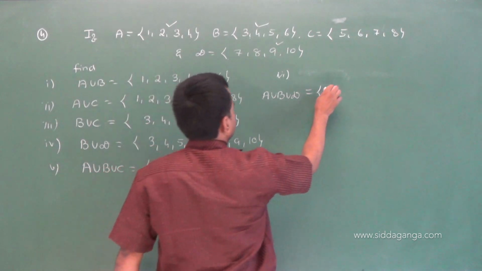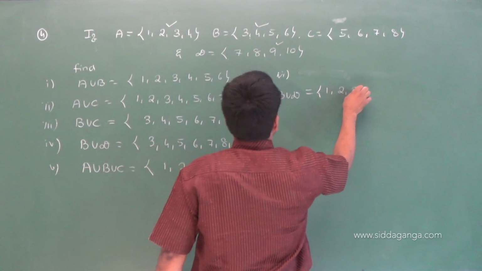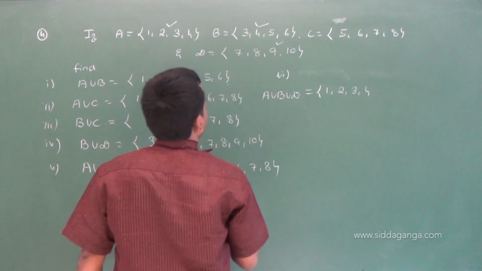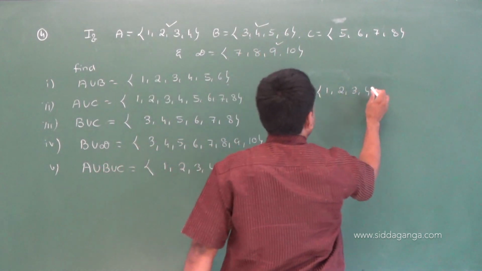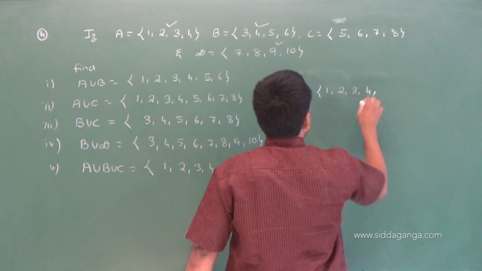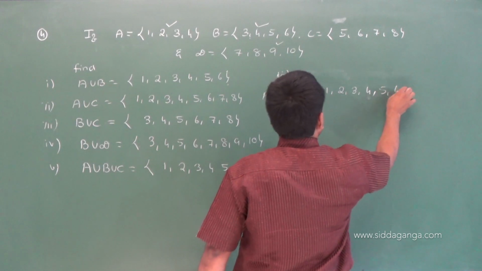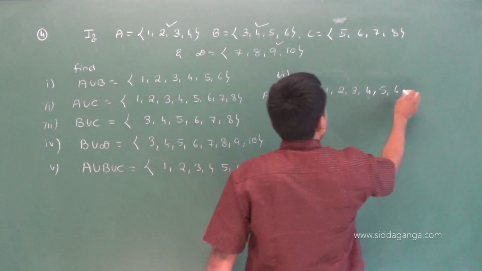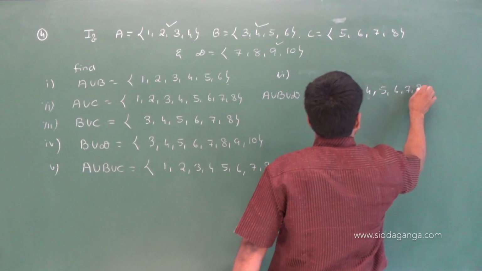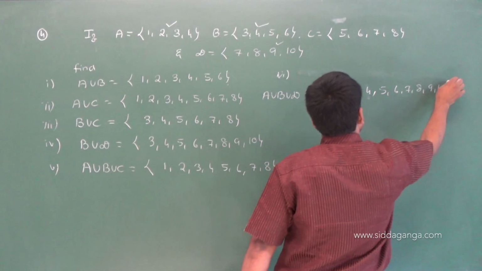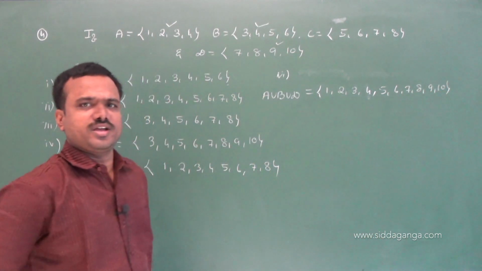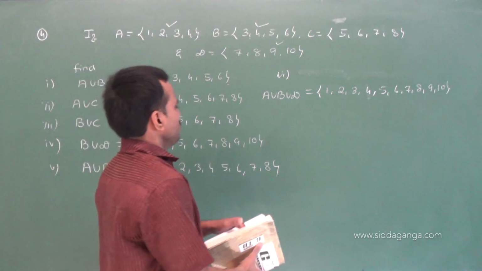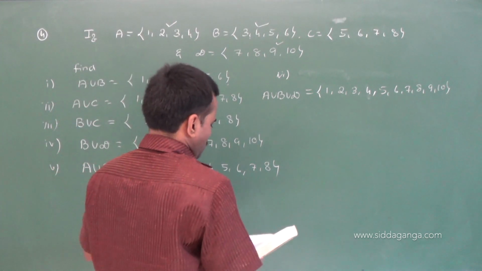Write first the A set: 1, 2, 3, 4. B set: 3, 4, 5, 6, where 3, 4 are already written, so 5, 6. D set: 7, 8, 9, 10. Correct now?